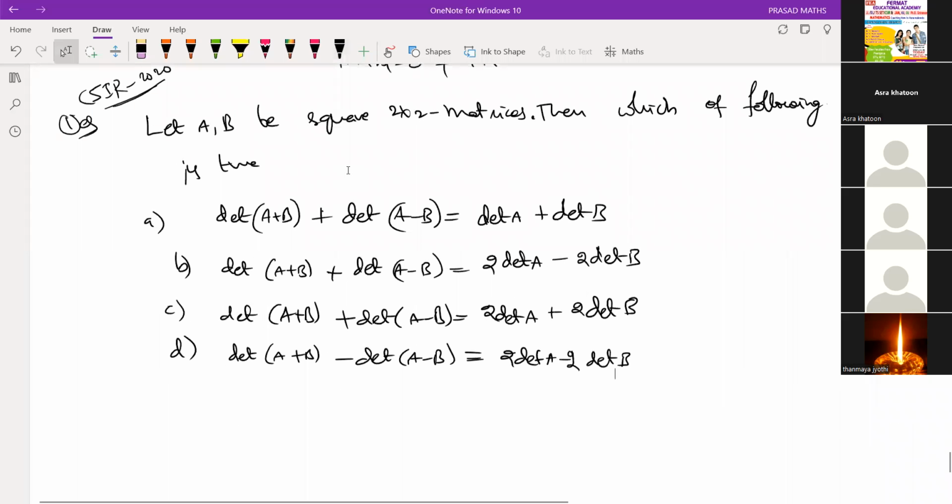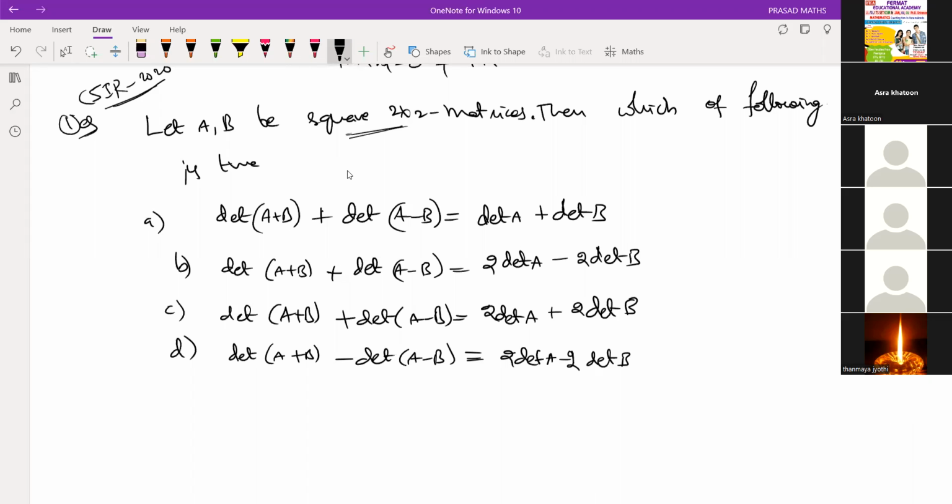Already we have seen in metric spaces, suppose there is a minus sign, as in the triangle inequality also, we can have some problem. We need to give a counterexample. So what are A and B?